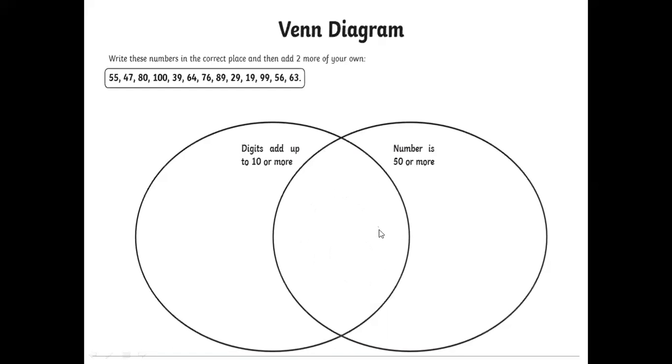So what about the circle in the middle? Yes, it's for both of them together: digits that add up to 10 or more, and numbers that are 50 or more. Good job. So now let's see the answers.